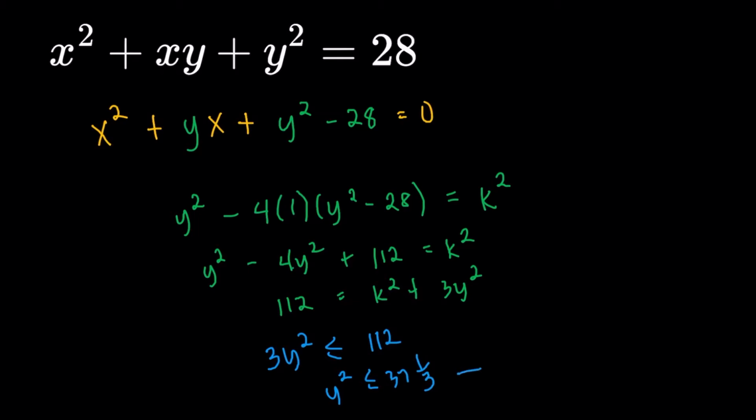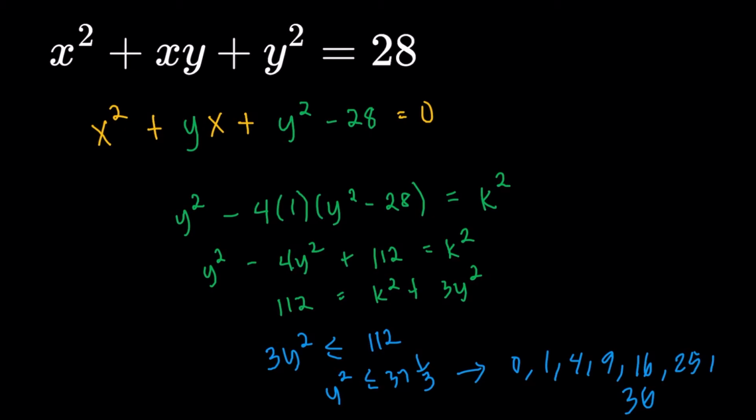We know that y squared can be of the following values: 0, 1, 4, 9, 16, 25, and 36. And we just have to check which of these values will give a perfect square value of k. Here's a little bit of trial and error. We just go for the values of k by substituting the values of y one by one.